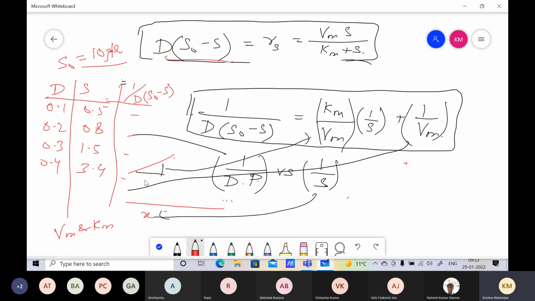Yes, sir, it's okay. So obviously, from this data, you find out 1 upon D(S0 minus S). You plot this, and that is a Y. You find this out in an Excel sheet, and then on the same sheet you plot 1 upon S, and fit a straight line between these 2 points.